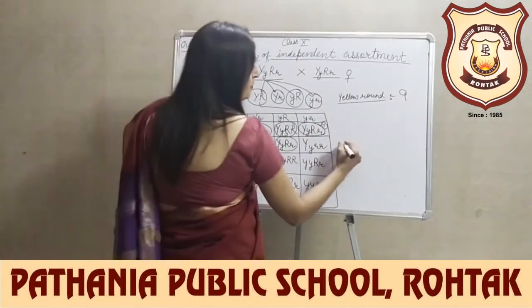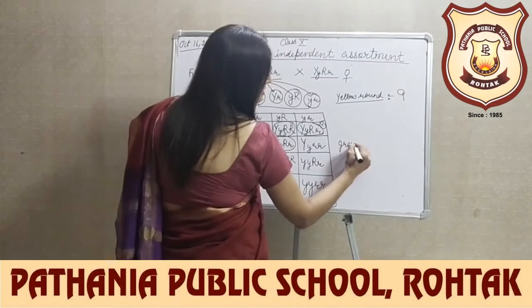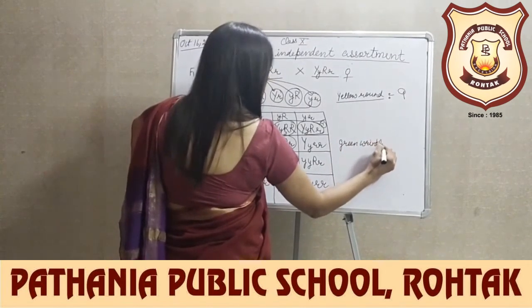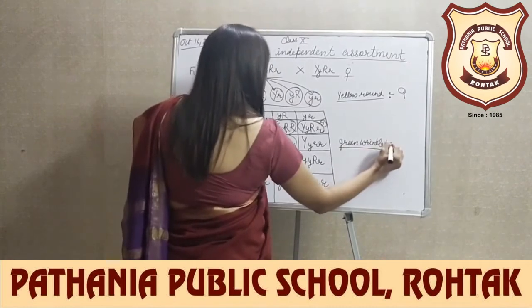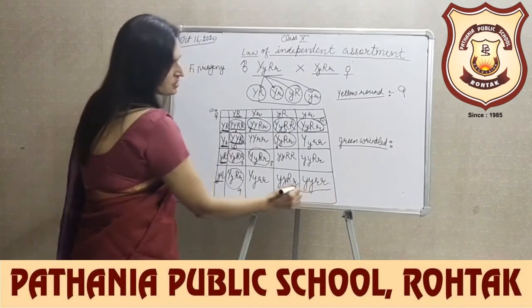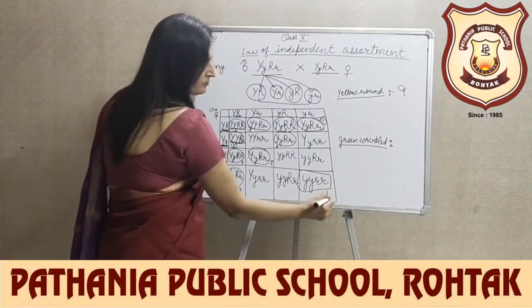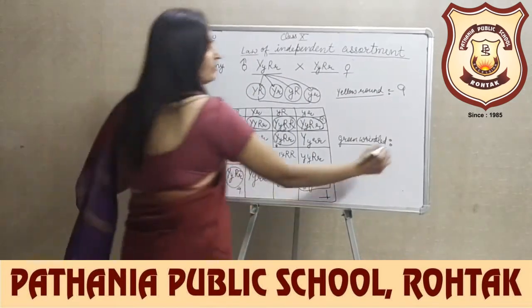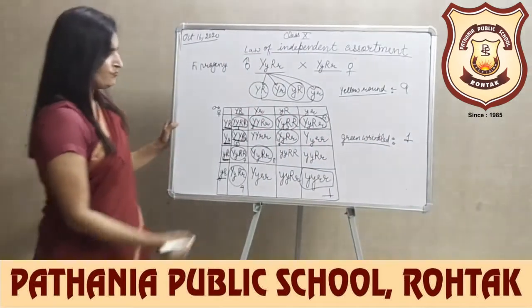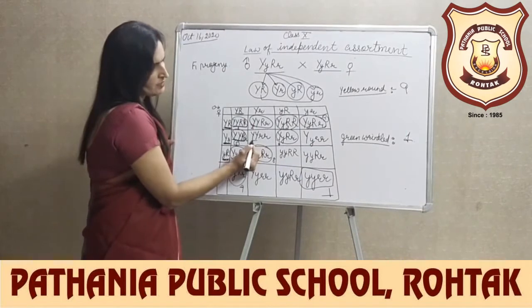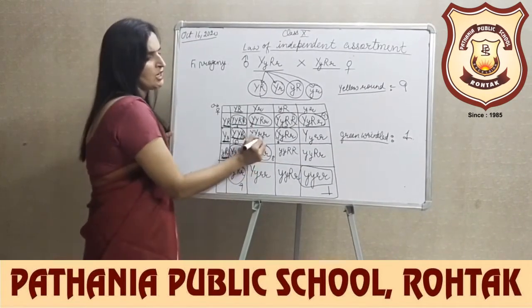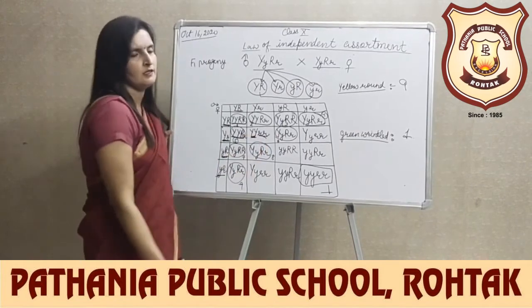Another parental combination is green wrinkled, which had disappeared in the F1 generation. This is only 1, right here. Now, if you look, this will give the color yellow, but the shape wrinkled.